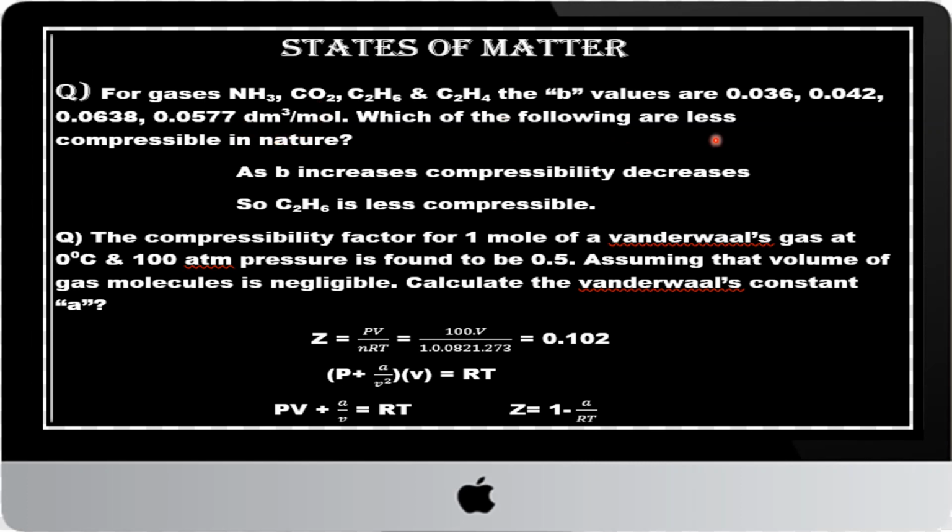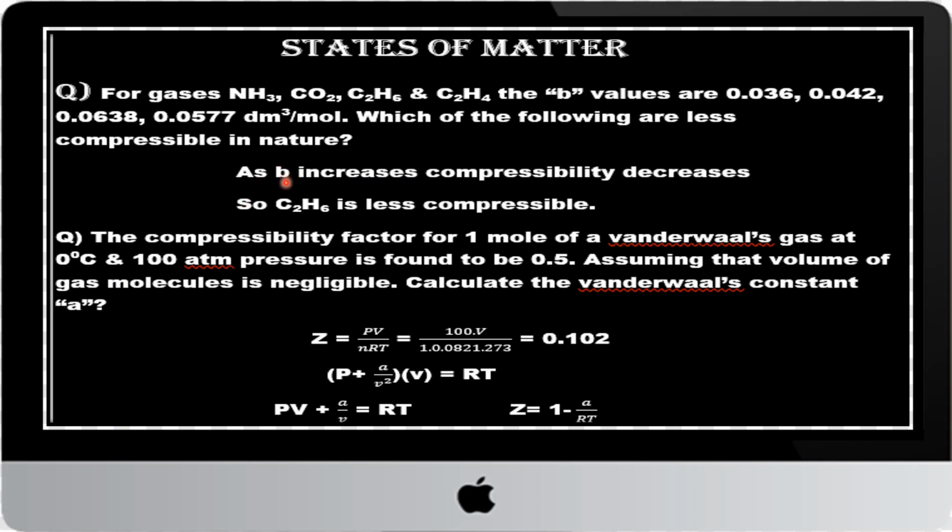Which of the following are less compressible in nature? They will ask like this in the final exam also. They will give option A as NH3, option B CO2, option C C2H6, option D C2H4, and we should pick one option. This is the most scoring and least time-taking type of question in the final exam. You should attempt these types of questions first in the final exam.